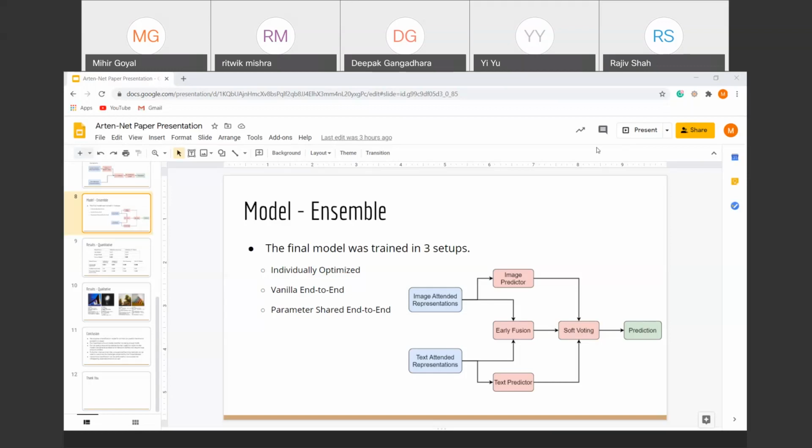So we have time for one more question to Mihir. Is there any other question? Okay. In that case, we can move on to the next paper.